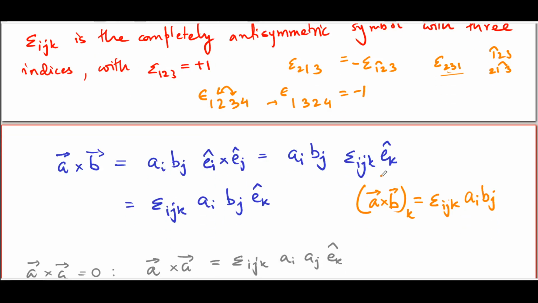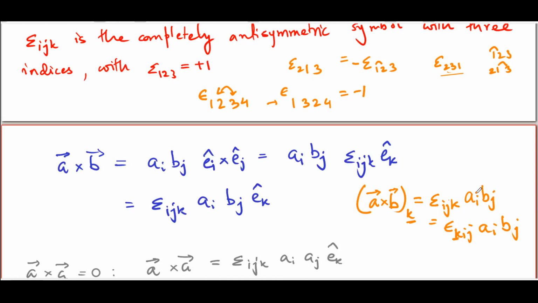By the way, you can write this in the form epsilon kij a_i b_j, simply because epsilon ijk and epsilon kij being cyclic permutations are exactly the same.